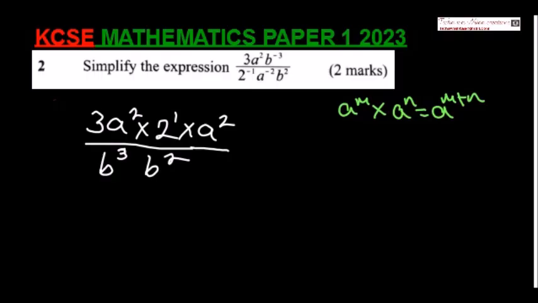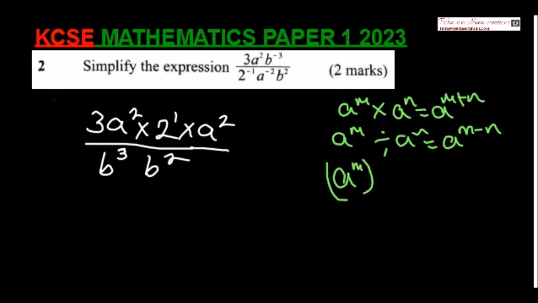That is the first rule of indices. The second one: a to the power m divided by a to the power n is equal to a to the power m minus n. And the third rule: a to the power m, all to the power n, is equal to a to the power m multiplied by n. So those are the 3 rules of indices.